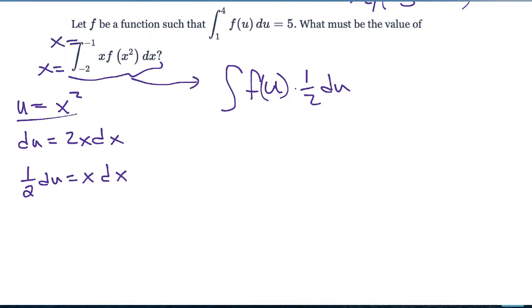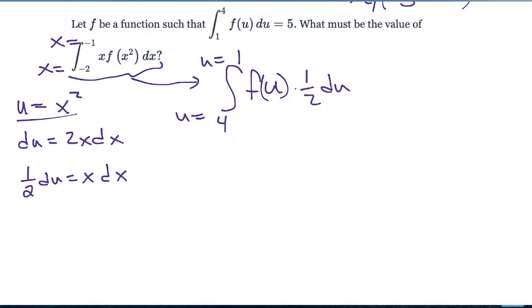They're x equals. We need these bounds to be u equals because we've changed the variable of integration. Now, we normally don't write u equals and x equals on those bounds, but just know that they refer to that variable of integration. So, if we take the lower bound, -2, and put it in for x squared, we get 4. If we take the upper bound, we'll get 1.